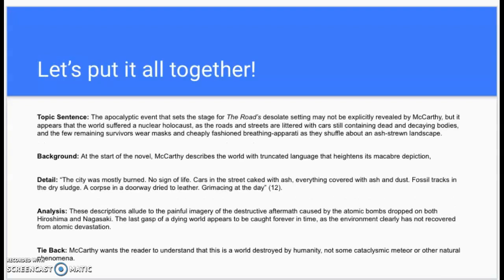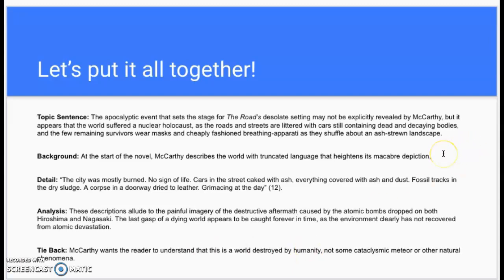So let's look at a TBDAT paragraph in its entirety. Let's look at the whole thing together. The apocalyptic event that sets the stage for The Road's desolate setting may not be explicitly revealed by McCarthy, but it appears that the world suffered a nuclear holocaust, as the roads and streets are littered with cars still containing dead and decaying bodies, and the few remaining survivors wear masks and cheaply fashioned breathing apparatus as they shuffle about an ash-strewn landscape.